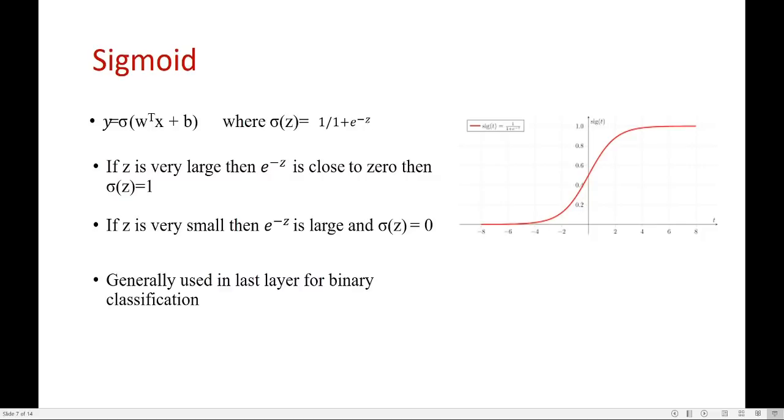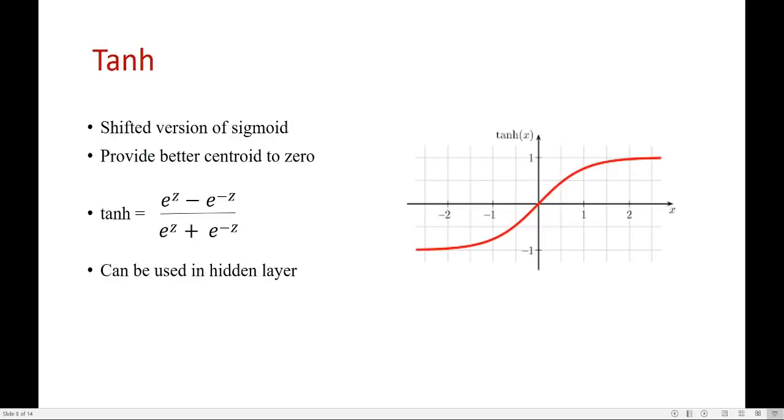So we will ignore this, and 1 upon 1 we get as 1. On the other hand, if the z value is very small, the output of sigmoid will be close to 0, because 1 divided by a very large value will be close to 0. Generally, this sigmoid activation function is used in the last layer of the neural network for binary classification.